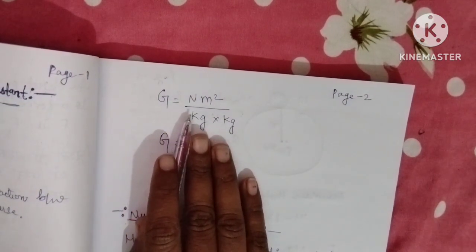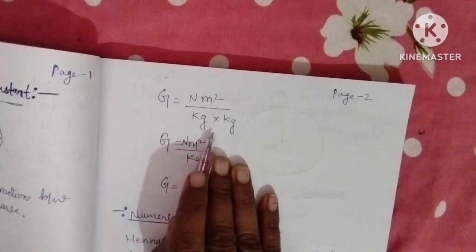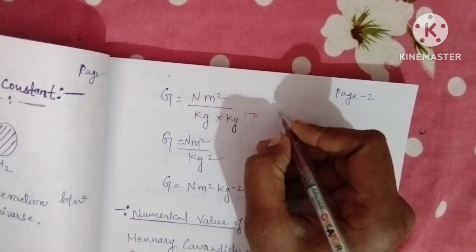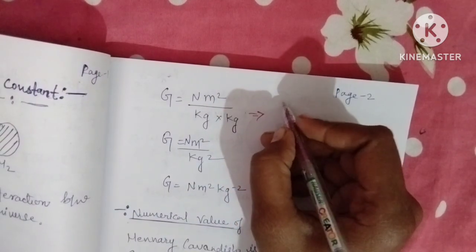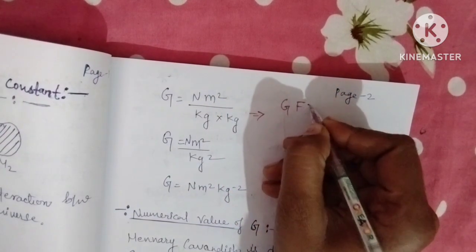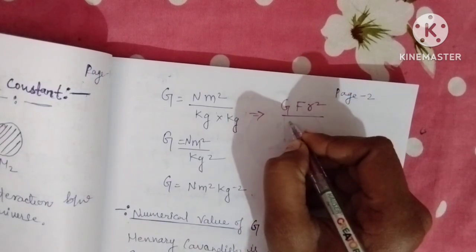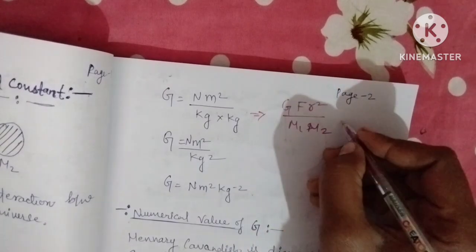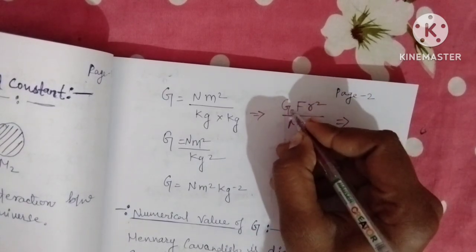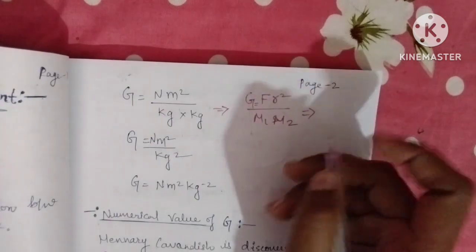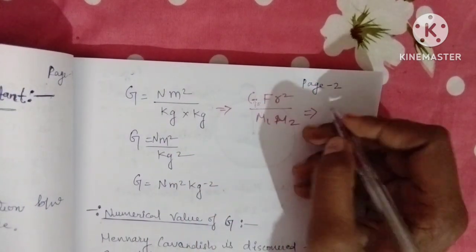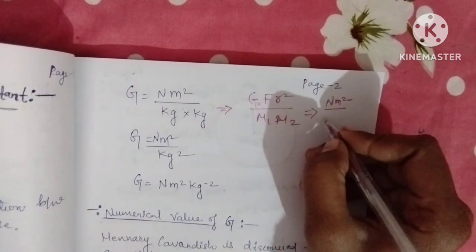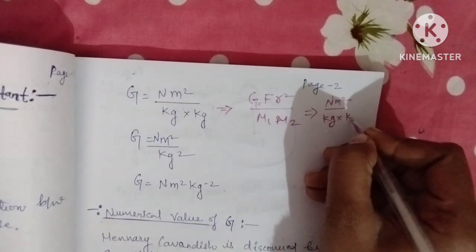So G is equal to Newton meter square per kg square. On simplification, G is equal to F r square by m1 and m2, so G is equal to Newton into meter square by kg into kg.